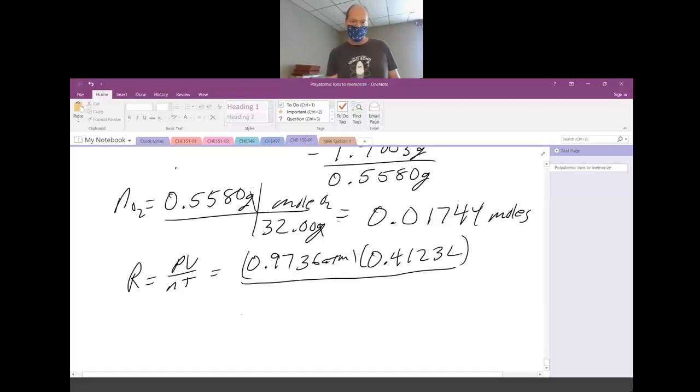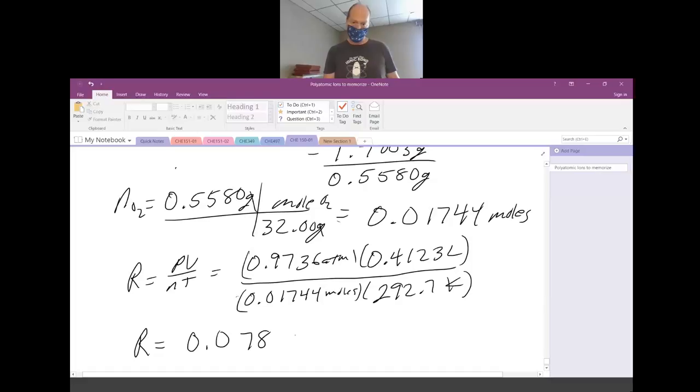Moles right there, 0.01744 moles. And then the first thing we did was we converted our temperature into Kelvin, and that was 292.7. All right, and then when you push the buttons, you get 0.07866 liter atmosphere per mole Kelvin.